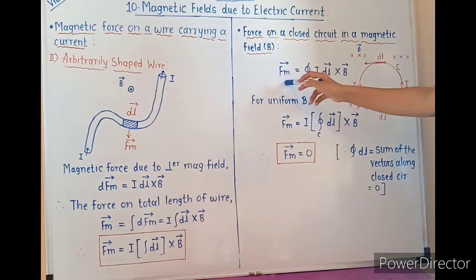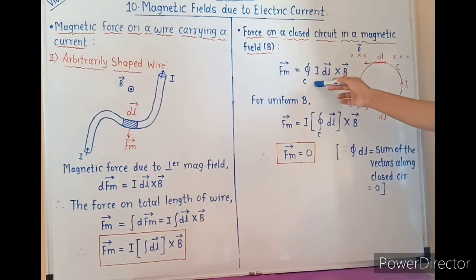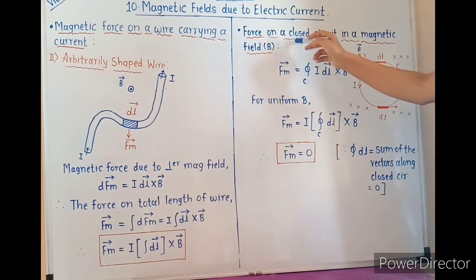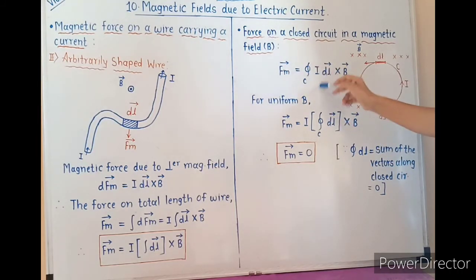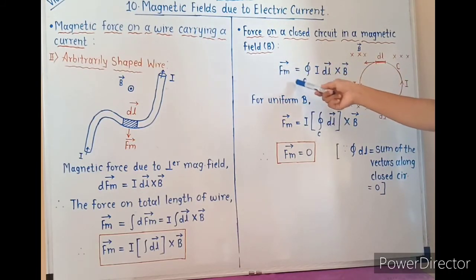So the magnetic force Fm bar is equal to the integration over the closed path. This is the sign of integration over a closed path, because we have to find the magnetic force for the closed circuit. So Fm bar is equal to integration over closed path of I dl bar cross B bar. We know that the magnetic force for an arbitrarily shaped wire is I into integration of dl bar cross B bar.